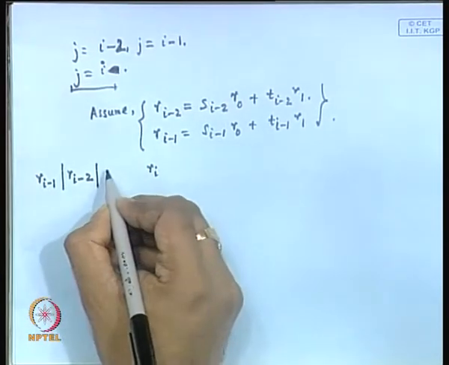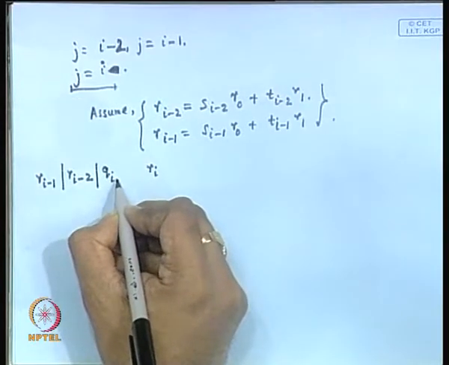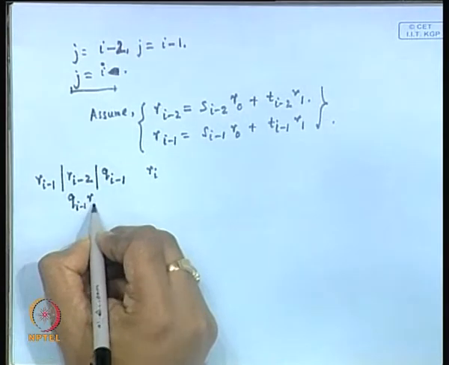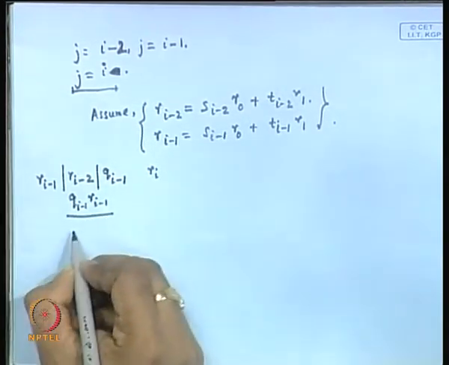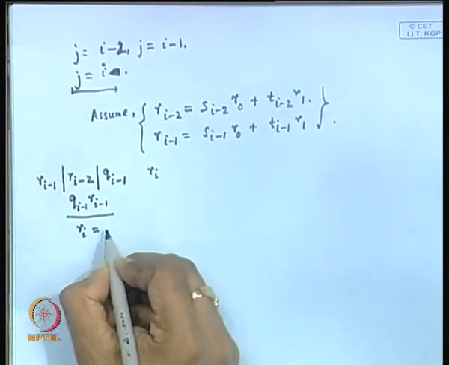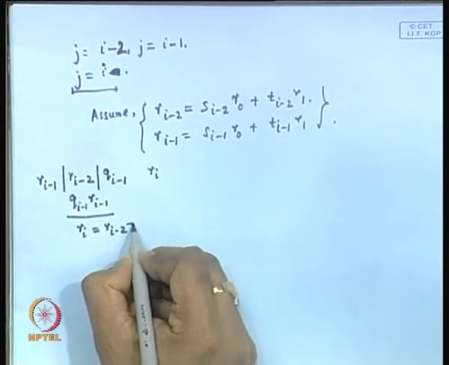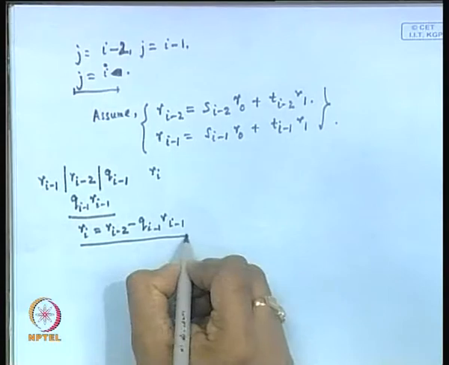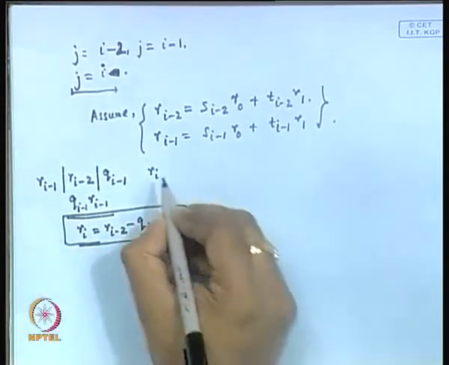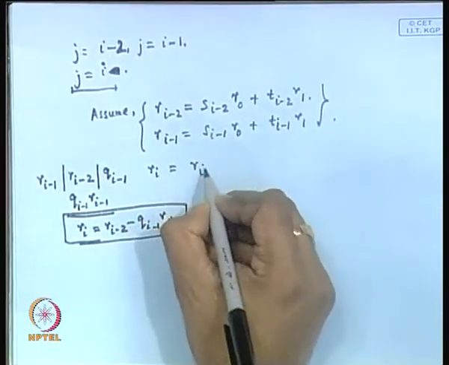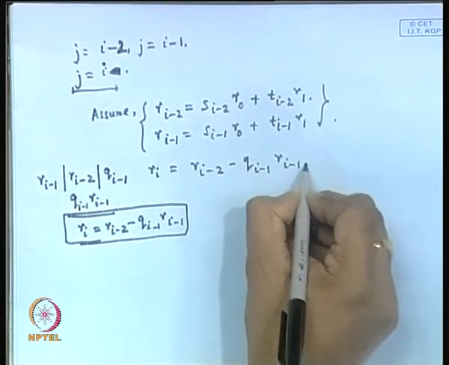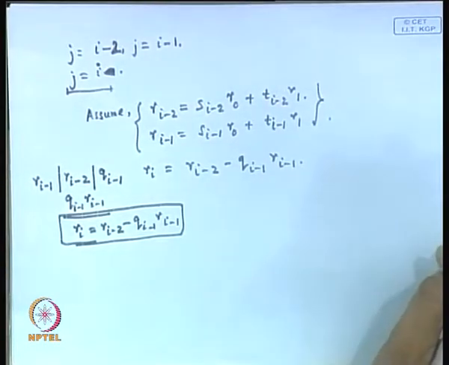I have got Qi minus 1 times Ri minus 1, and my remainder was Ri. So, what was Ri? Ri was Ri minus 2 minus Qi minus 1 Ri minus 1, right. So, Ri is equal to Ri minus 2 minus Qi minus 1 into Ri minus 1.